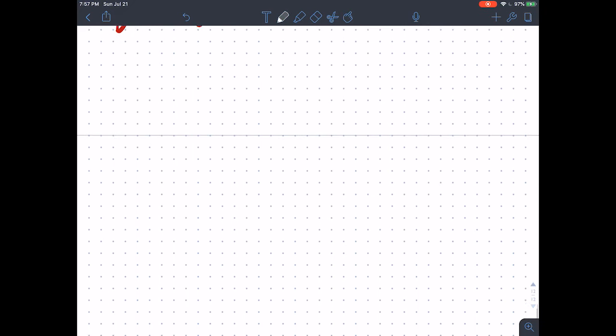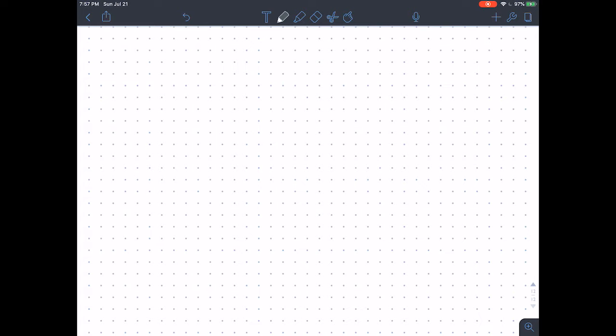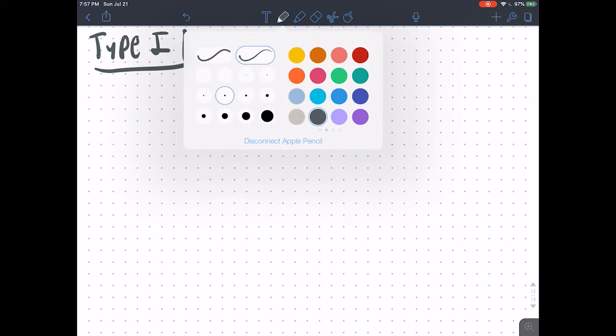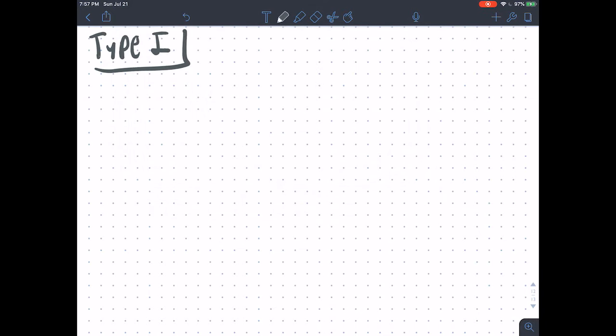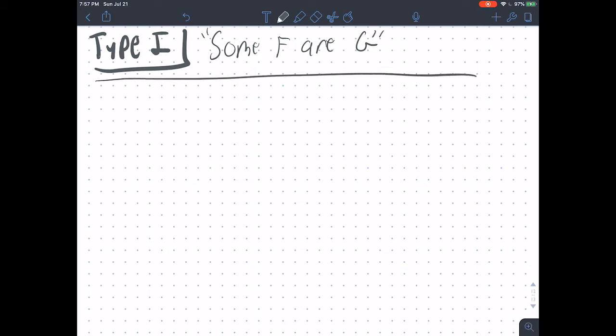So looking at the next sentence form, type I sentences, and these are sentences like some F are G. So we draw an F circle and a G circle.